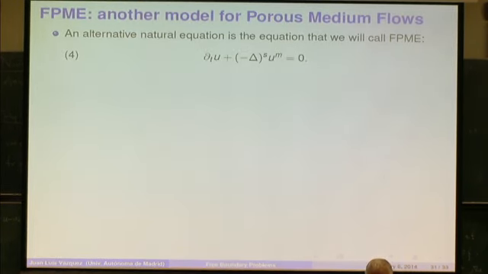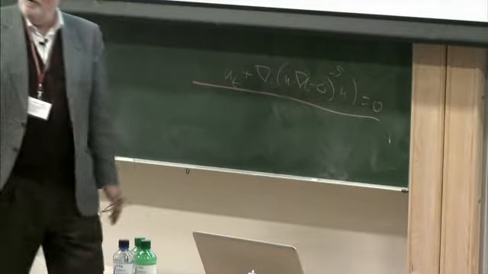This is the second model that we have been using, which is simpler, because in the other model we have put this Laplacian in a very strange way: u_t plus divergence of u gradient of minus Laplacian to the minus s of u, which is very strange. But it is the physical model.